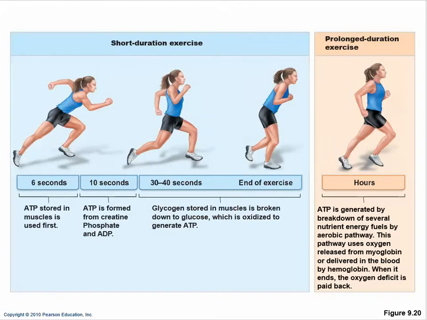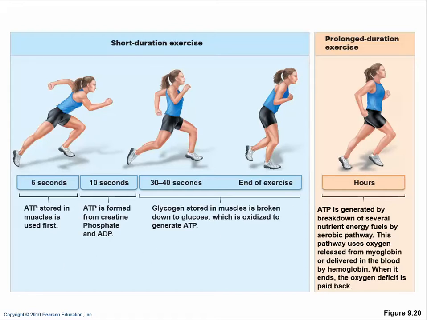So, first 6 seconds is stored ATP. The next 8 to 10 seconds is creatine phosphate. The next 30 or 40 seconds is aerobically or anaerobically. And then if it goes on for a long time, it's aerobic.